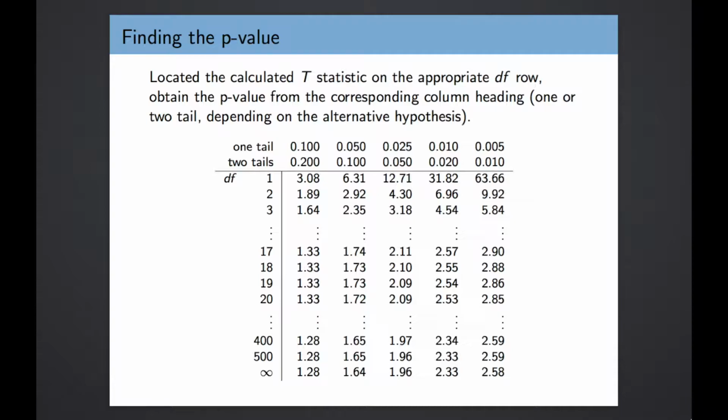In the top row, we also have different p-values associated with one-tailed and two-tailed tests. So you need to know whether you're doing a one-tailed or two-tailed hypothesis test to be able to get a p-value from this distribution. And in the middle, we have a whole bunch of different critical values.